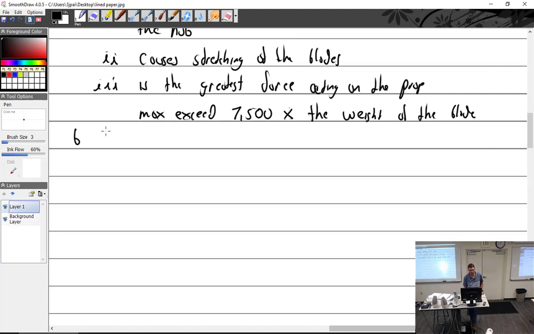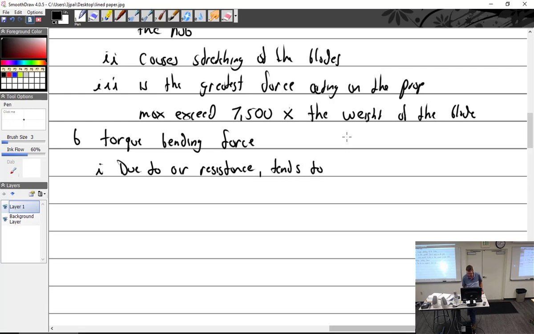All right, torque bending force. Due to air resistance, it tends to bend blades in a direction opposite rotation.